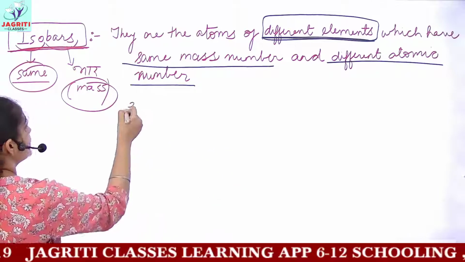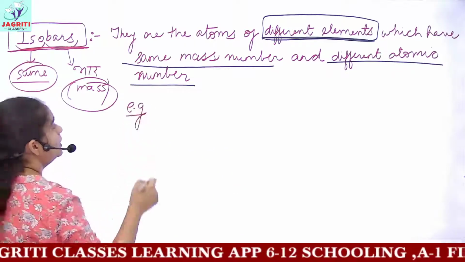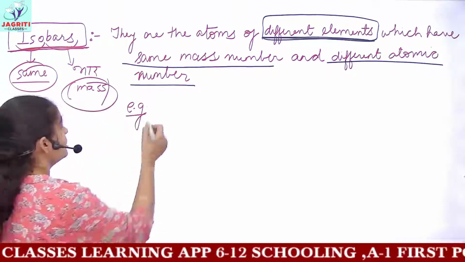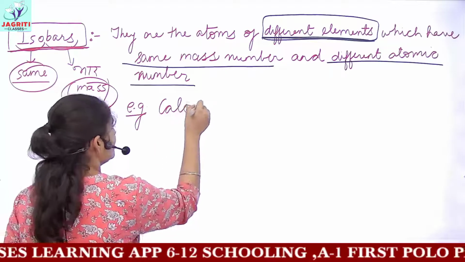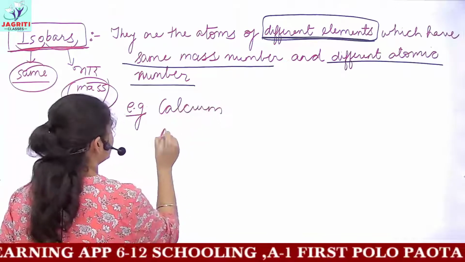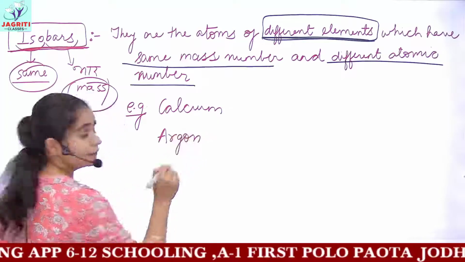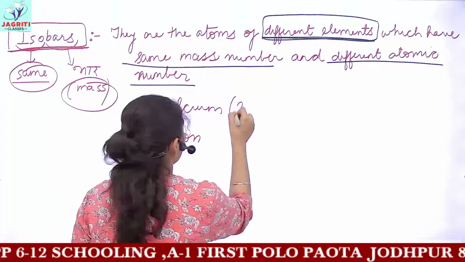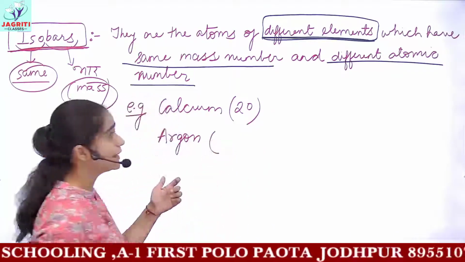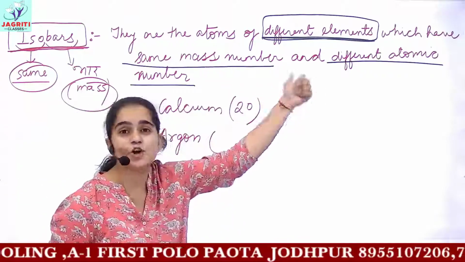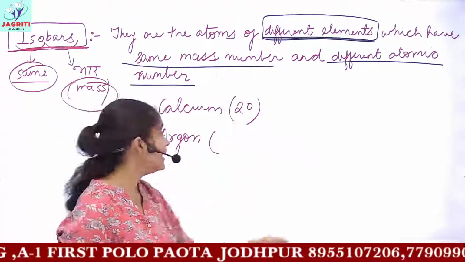We can explain this with the help of an example. That is, if you take two different elements, calcium and argon. Now talking about calcium and argon, you can see that these are the atoms of different elements.